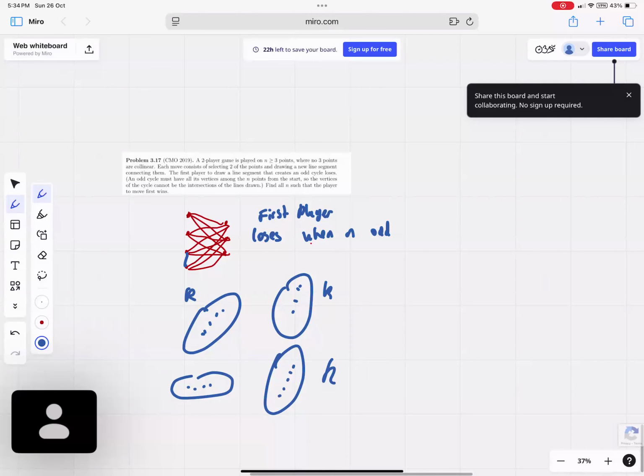Okay, just try some base cases. Try n is equal to 6. What can both the players do?